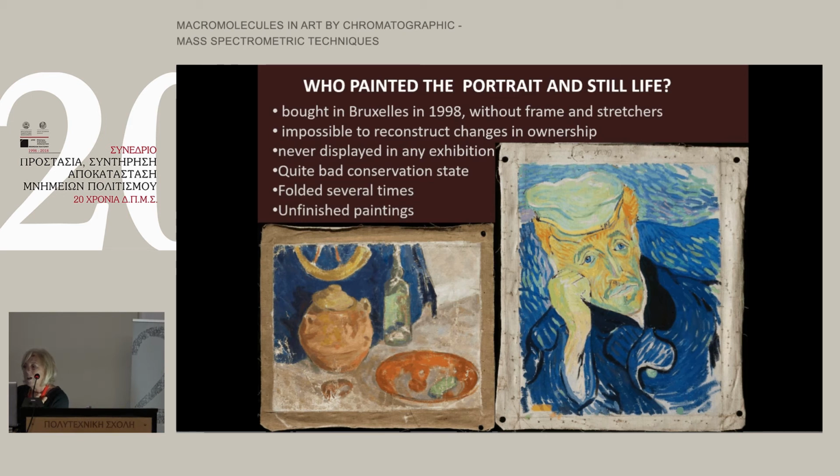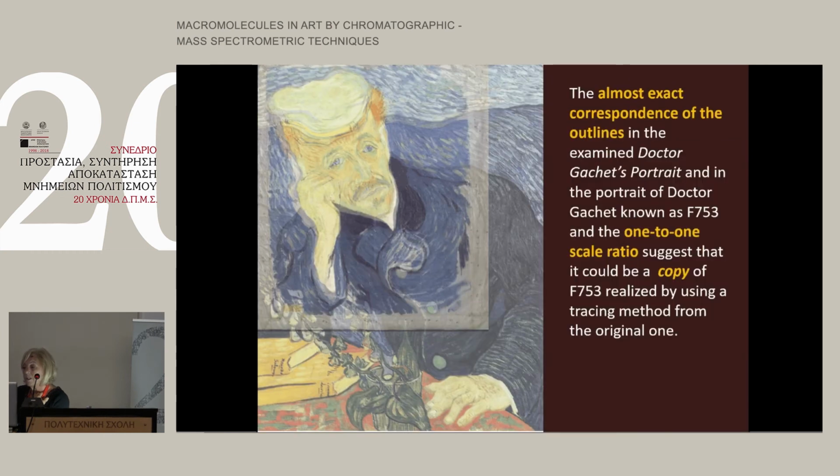A lot of people worked on these paintings, and we understood that this was indeed a painting realized by using a tracing method from the original one. So it means that the original one that you see on the back was available to the painter in order to trace and to make the same proportion of the design.